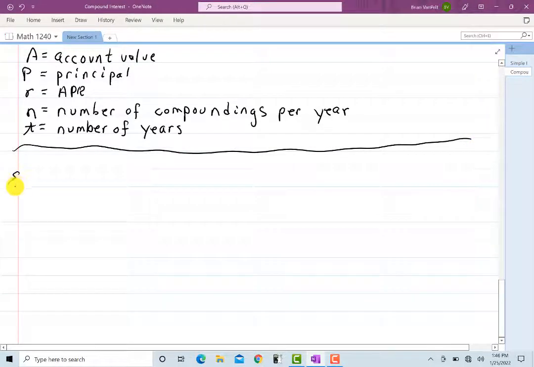As a first example, let me redo the example I did, but under different compounding schemes.